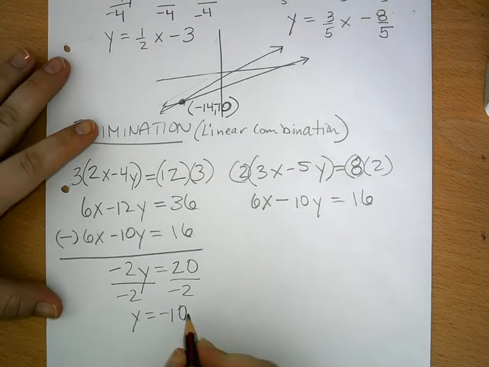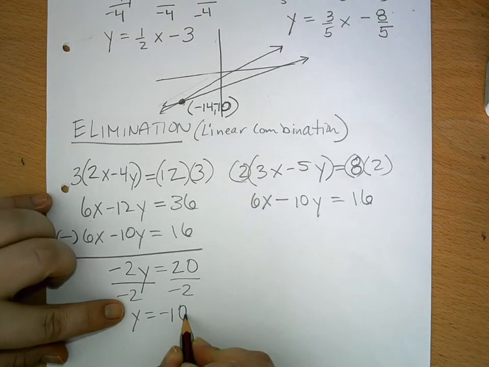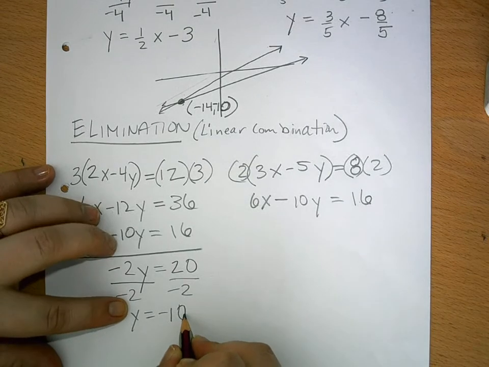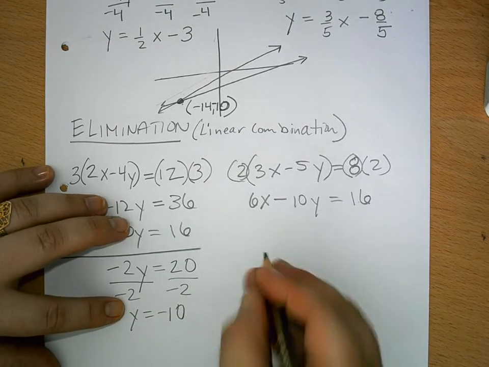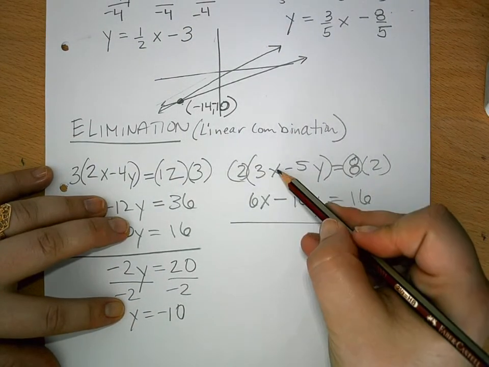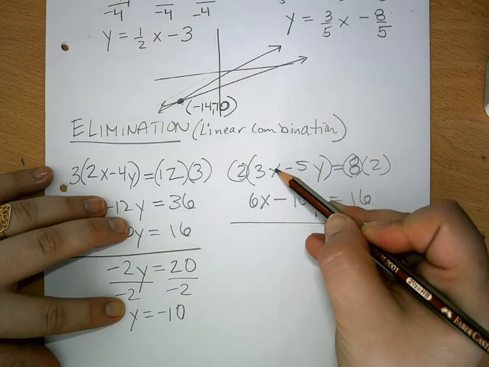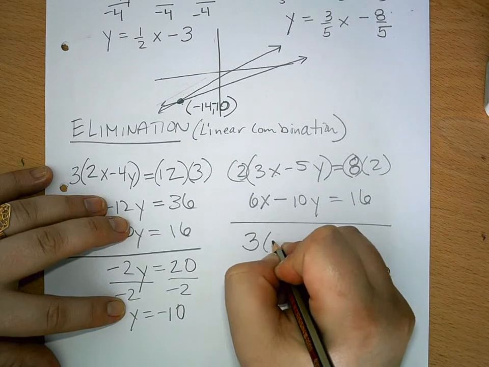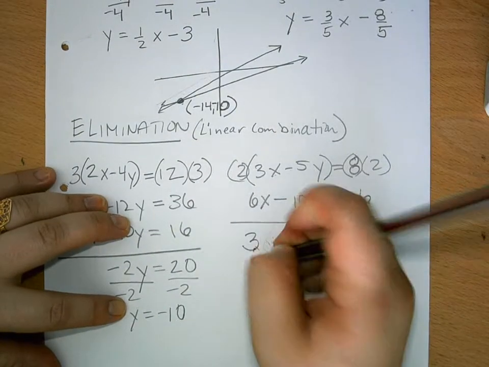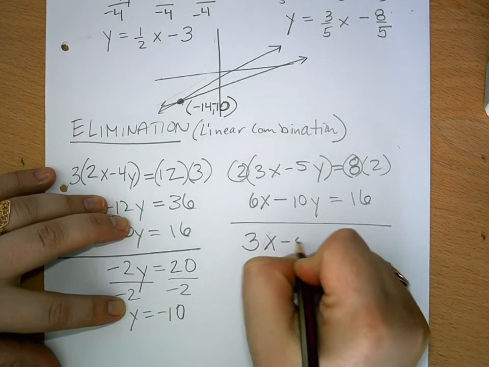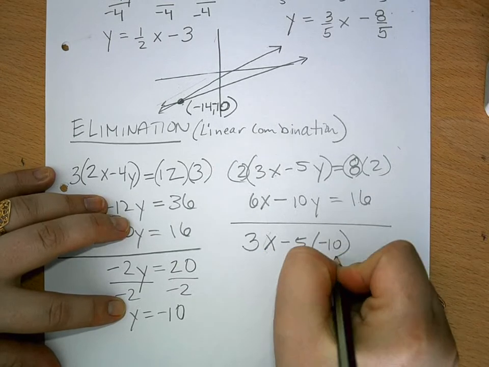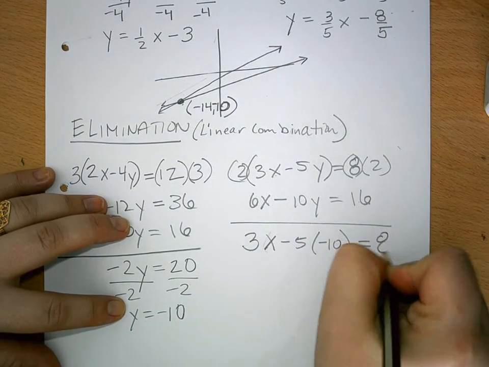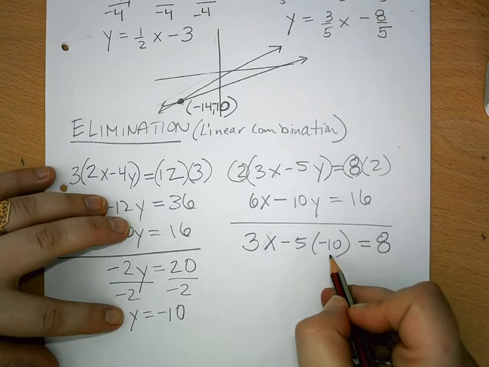Now that we have what y is equal to, we now have to find out what x is equal to. So now I'm going to take my original equation and I'm going to substitute in -10 instead of y.